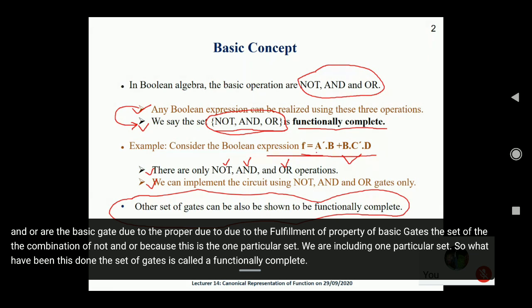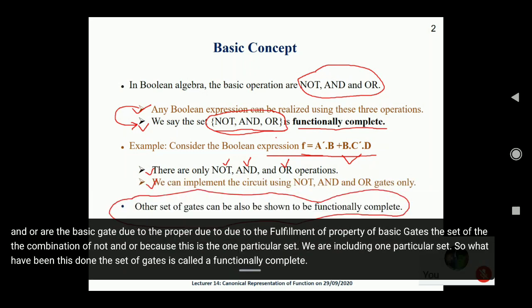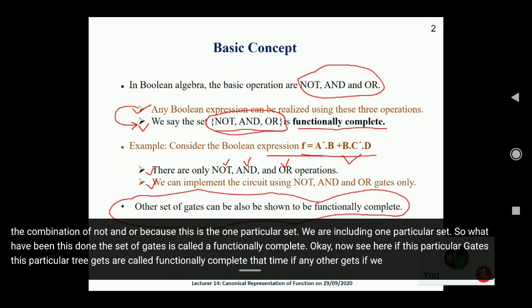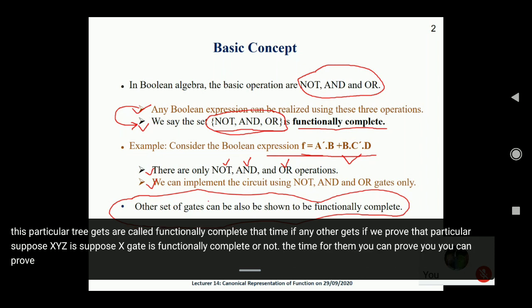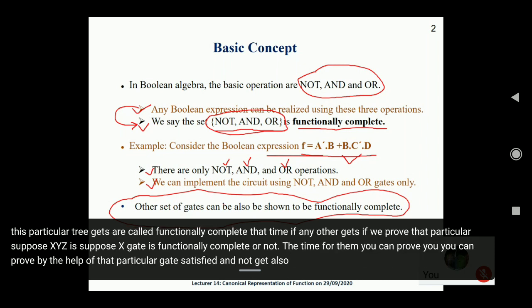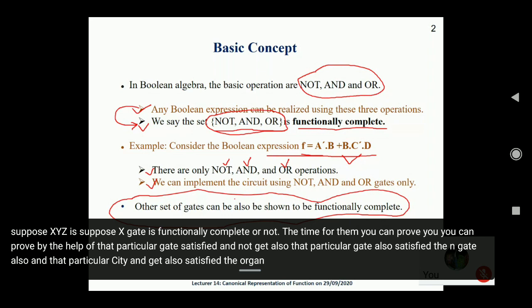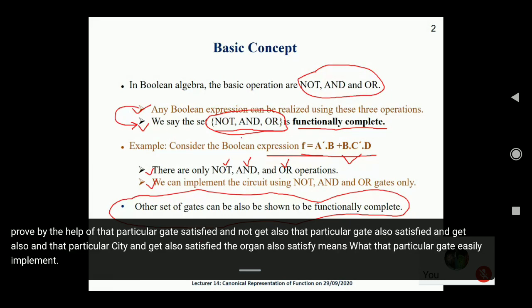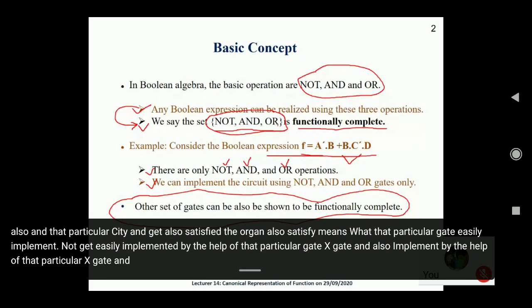Now see here, if these particular 3 gates are called functionally complete, that time what happens? If we want to prove that any other gate, suppose X gate, is functionally complete or not, you can prove it by showing that the particular gate satisfies the NOT gate, the AND gate, and the OR gate. Satisfy means what? NOT gate can be easily implemented with the help of that X gate, AND also can be implemented with the help of X gate, and OR also is possible to implement with the help of X gate.